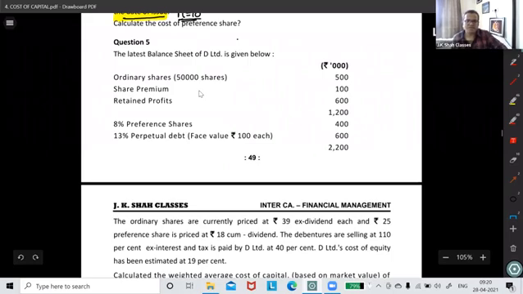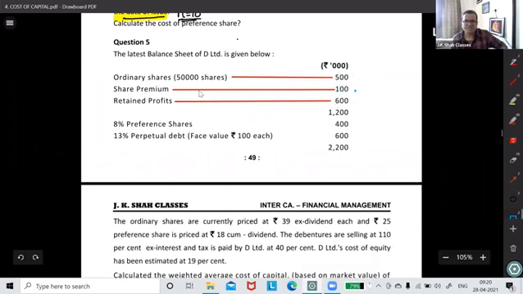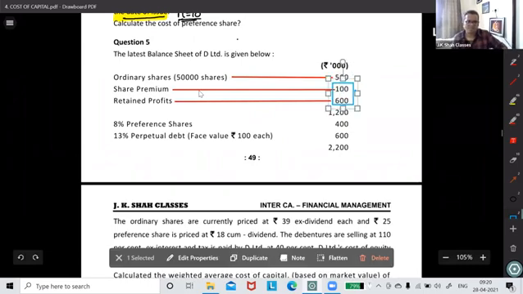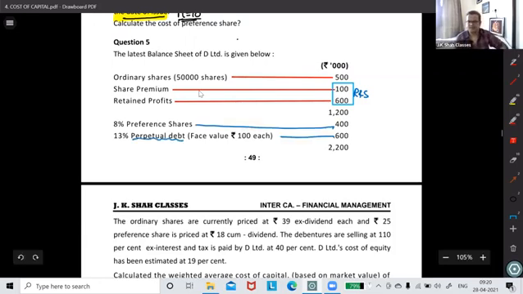So basically, these two are your reserves and surplus. Then you're also given preference shares. You're also given perpetual debt. See, people still make perpetual. No redemption.